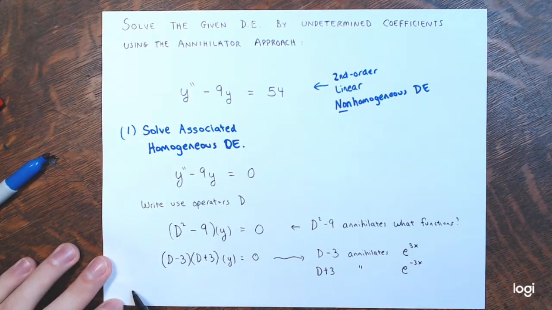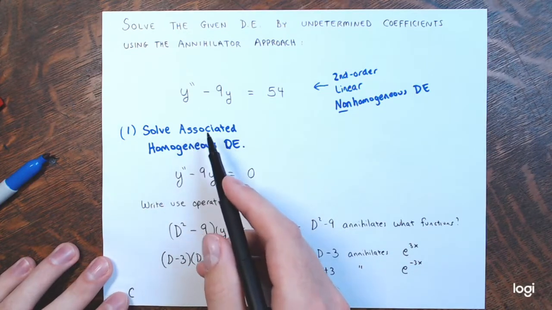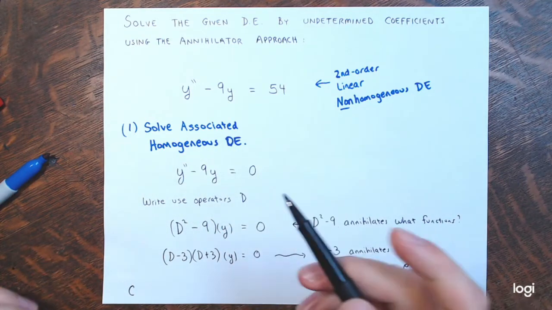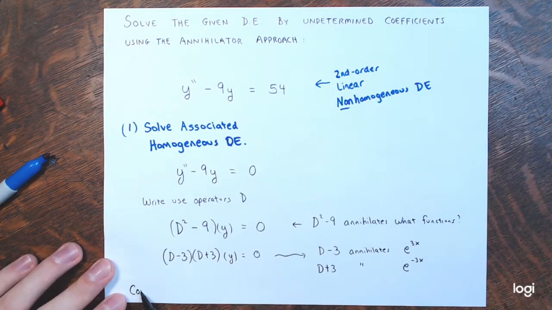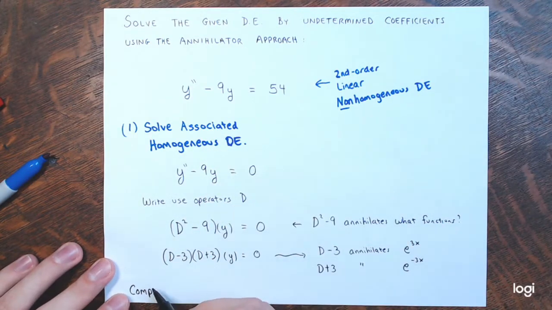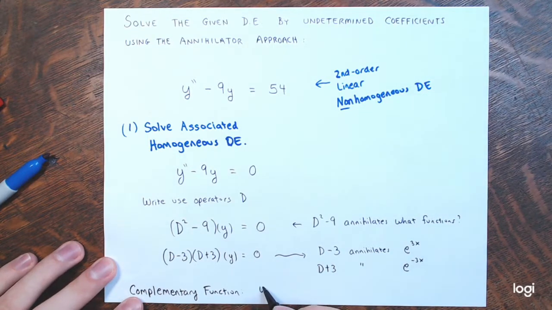So we get our general solution to this homogeneous equation, which, since it's not the actual original equation itself, is a complementary equation. Very often they call the solution to the associated homogeneous equation the complementary function, or the complementary solution. They usually label it y sub c for complementary.